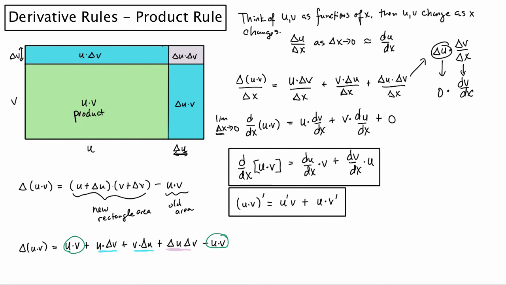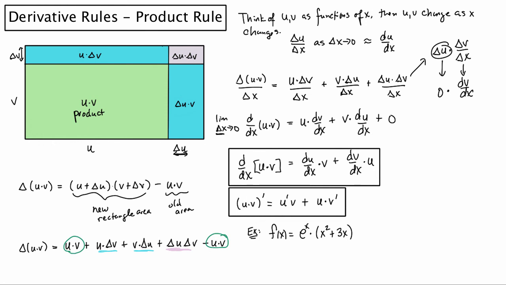Now I just want to give a quick example of this. We're going to look at other examples in class as well as in future videos. But suppose I asked you what is the derivative of f if f of x is e to the x times, let me do like a little polynomial here, x squared plus, let's say 3x. So I want to know what is the derivative of this product.